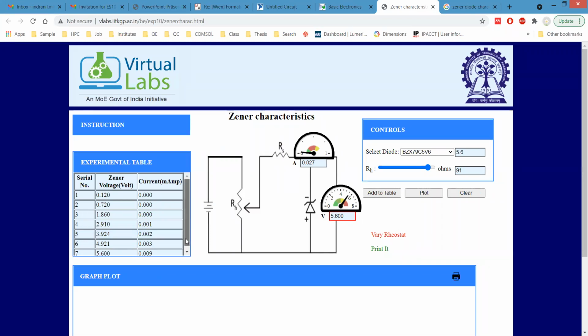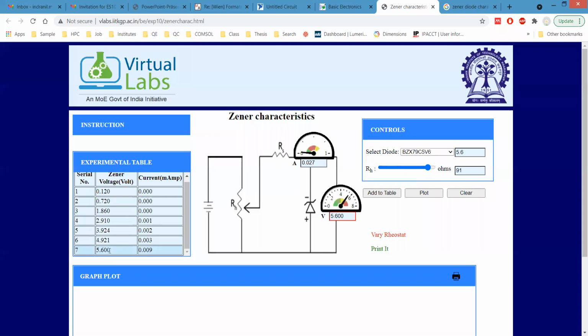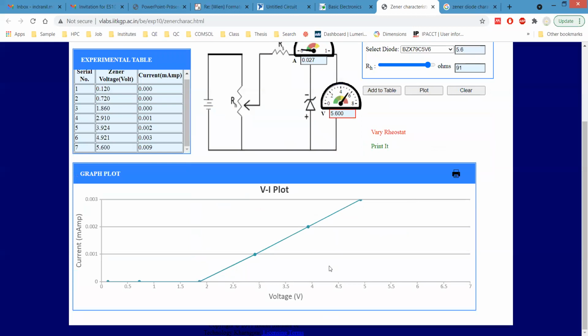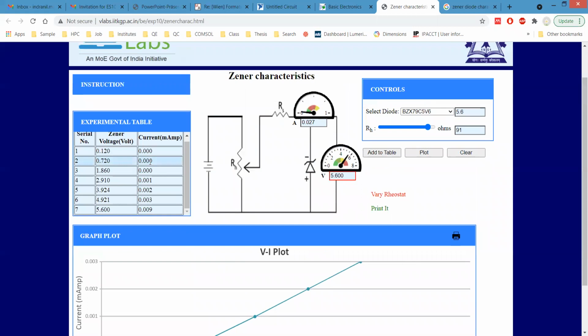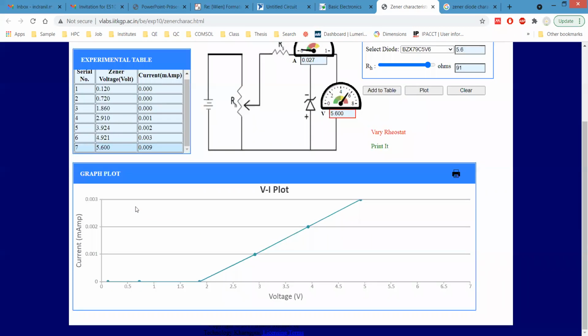As you can see, once it reaches this particular value, the voltage across it is not changing. So you can plot it. The graph is not smooth, but you can get an idea about the nature of the curve from here.